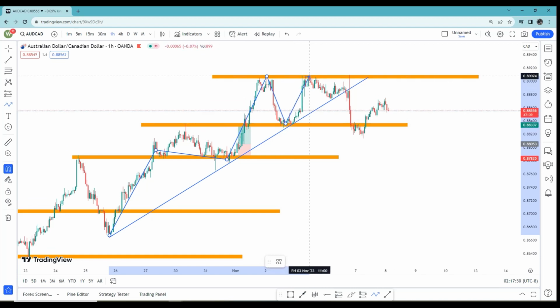It didn't break another zone right here, and gave us some double top, and then gave us a higher low, but it didn't break the trend line at the same time, and it gave us another third touch at the trend line, at the zone. And then after that, it broke the zone right here, broke the trend line right here, all the way to this zone right here.